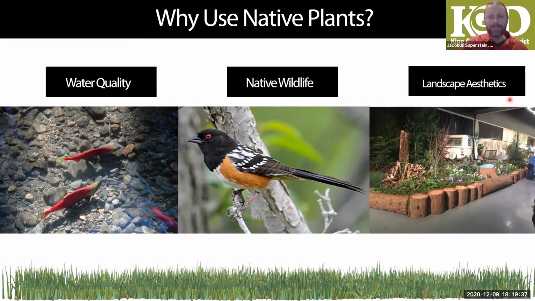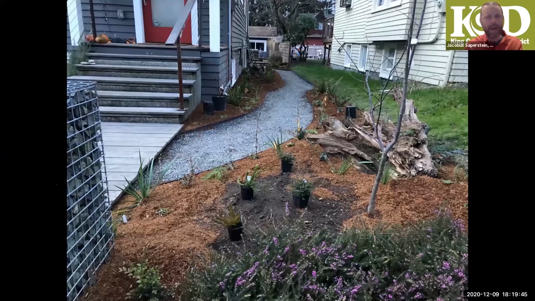I wanted to throw this little slide in because over the last couple of weeks, my COVID project has been ripping out grass on the side yard of my house and incorporating natives. You can still see I've got some plants to work on planting there, a couple in pots waiting for me this weekend. But you can transition low-level ecosystems like a grass lawn into a really beautiful native plant garden if you put a little bit of sweat equity into it.